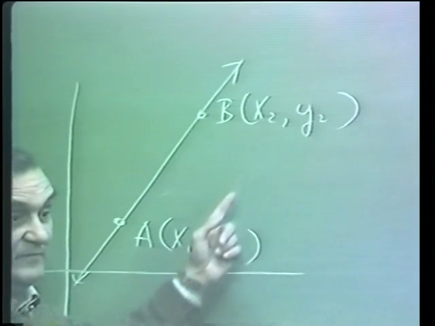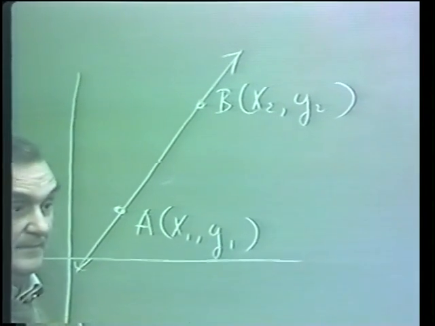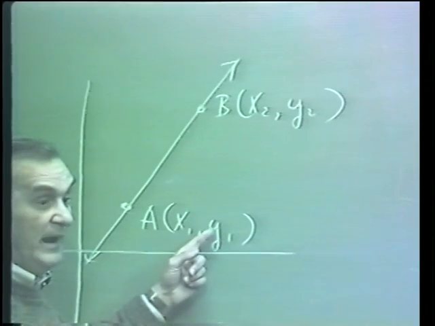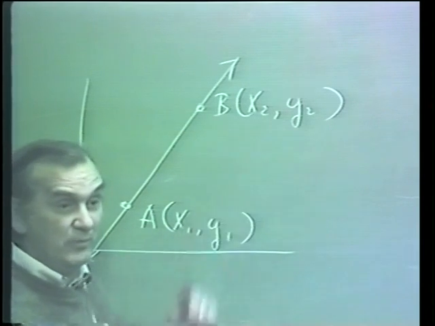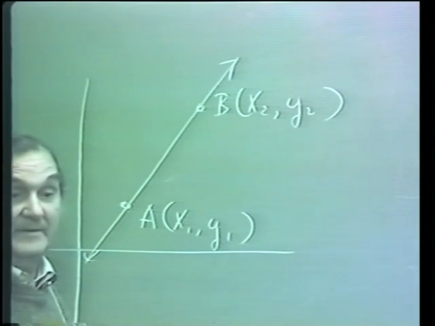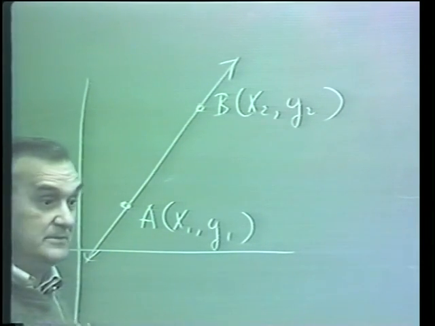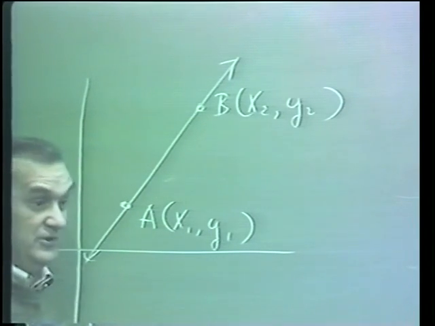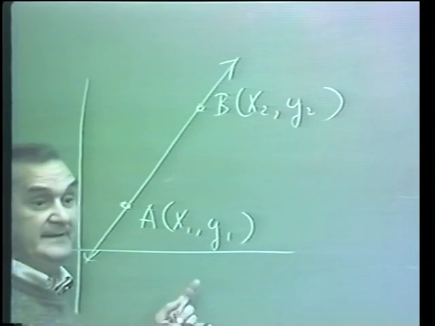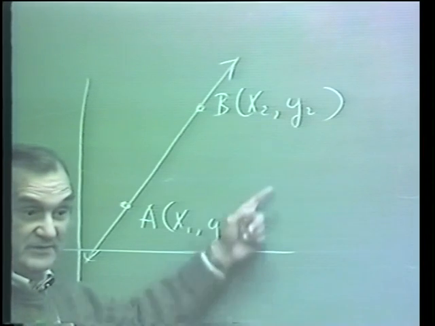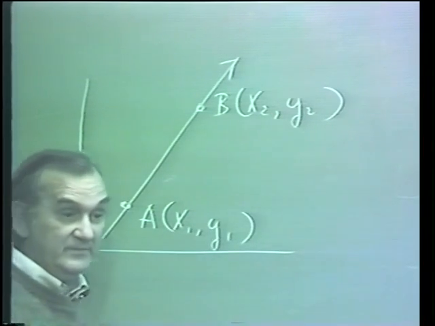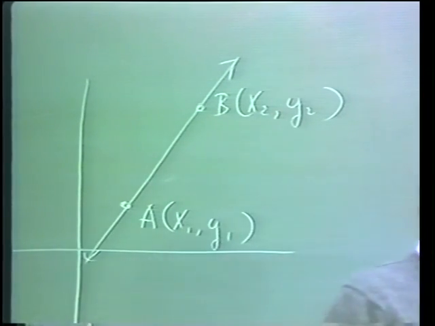Well, let's put numbers here. If y goes from 7 to 12, how does y change? By 5. How did you get it? You went 12 minus 7. So change is always y2 minus y1. It's the difference. Change means difference.